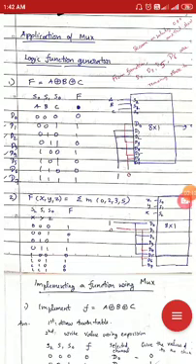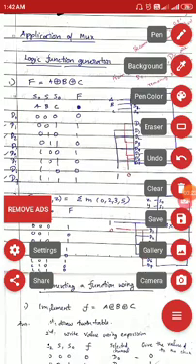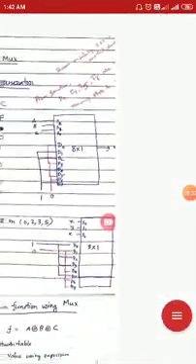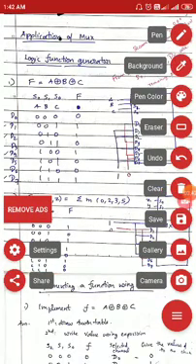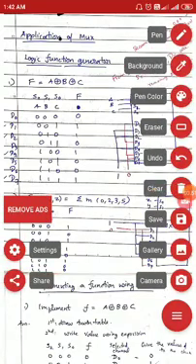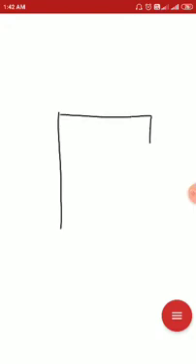So first we are drawing the 8 by 1 mux. So the 8 by 1 mux we are drawing like this.